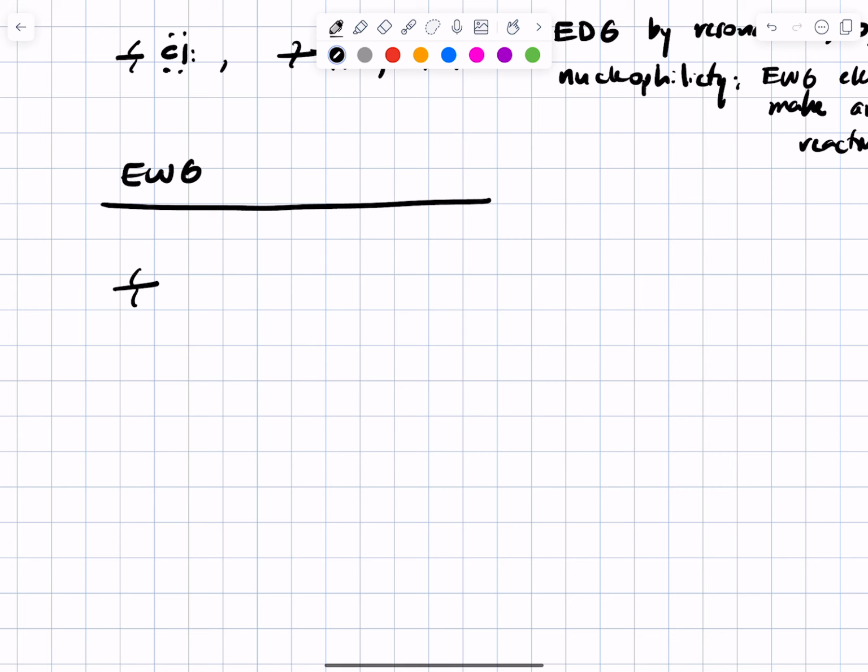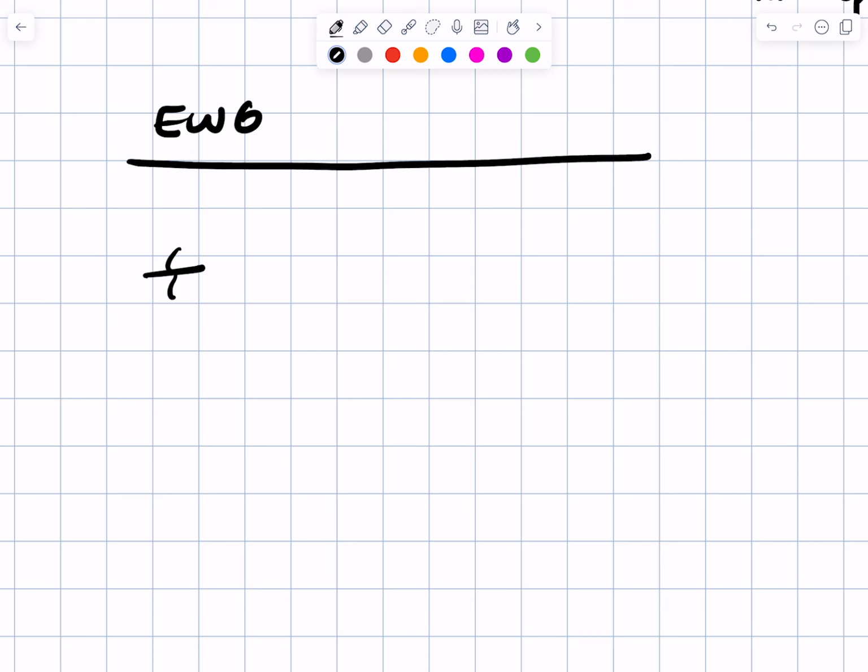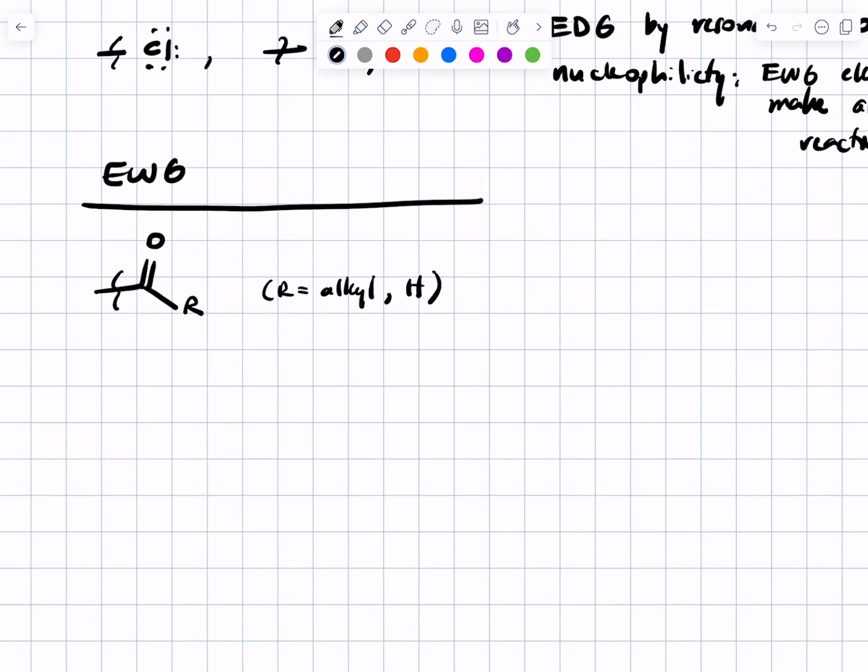We won't list these exhaustively; I'm going to try to list them as well as I know, but I may not know all of them. So anyway, ketones, aldehydes are electron withdrawing groups by resonance, and they follow the pattern of the atom attached to the ring is pi bonded to an electronegative atom, and you can draw a resonance structure in which the oxygen is negatively charged and the carbonyl carbon is positively charged.